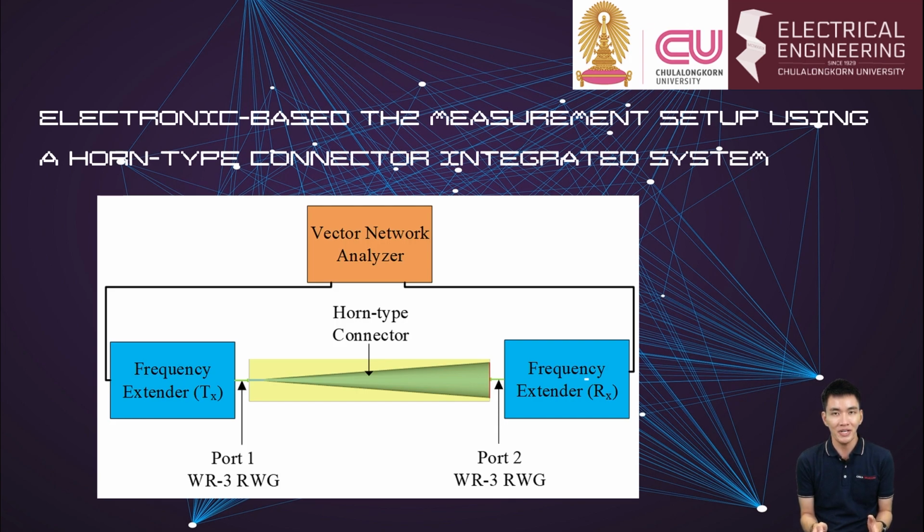The terahertz beam emitted from the WR3 rectangular waveguide at the transmission extender is fed into the input port of the horn-type connector. It converts the TE10 mode with vertical polarization in the WR3 rectangular waveguide into the dominant TE11 mode with vertical polarization and the other competing modes in the horn-type connector as well.